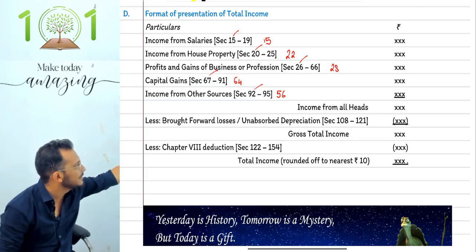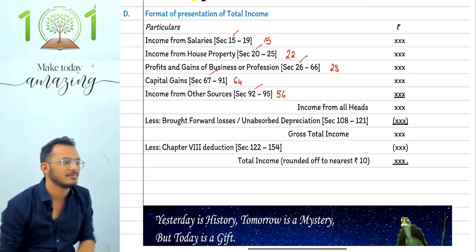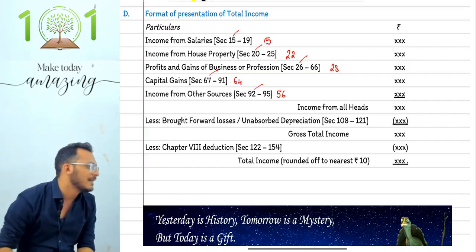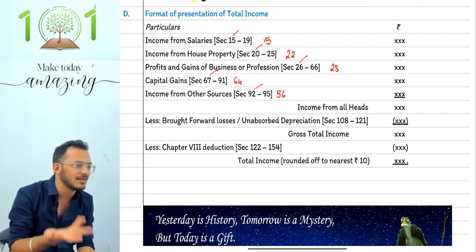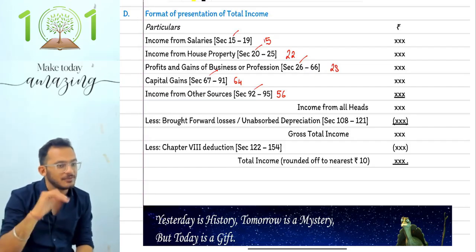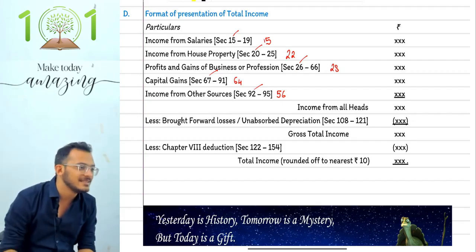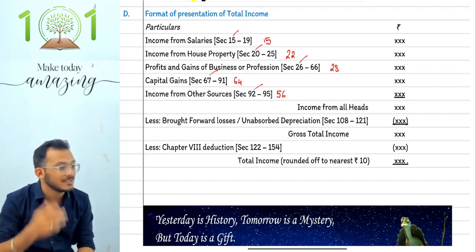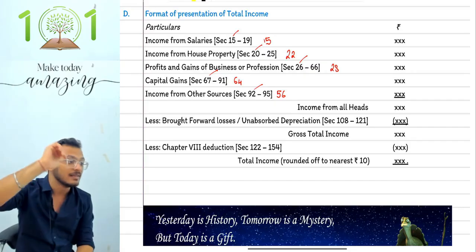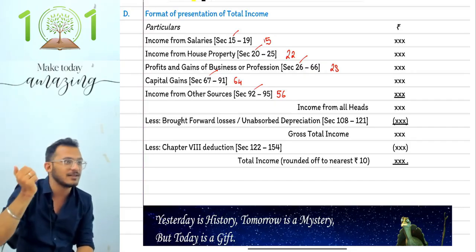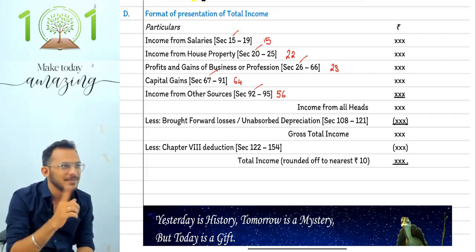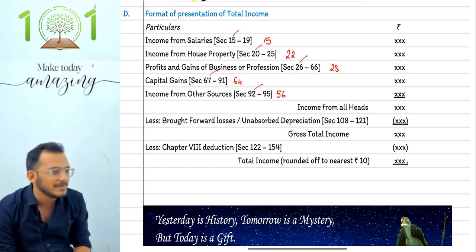Then you go to PGBP, you'll notice PGBP has increased. PGBP has gone from 44 series to 67 series right now. There is only one reason for it. In PGBP, you knew better than me. You had section 35, then you had section 35AD, then 35D, 35DD, 35CC, 35CCA, 35CCD. Then you had section 36, 36(1)(ix), 36(1)(vii), 36(1)(viiA), 36(2), 37, 38, 40, 40A, 41, 42A, 43, 43A, 43AA, 43B, 43C, 43CB was there, 44 was there.